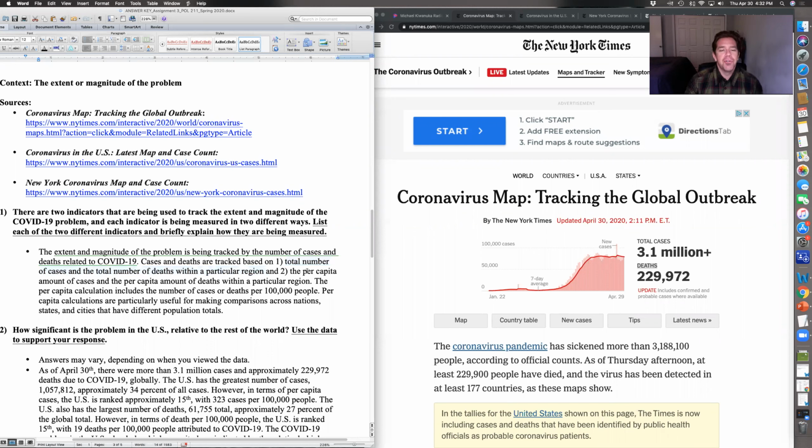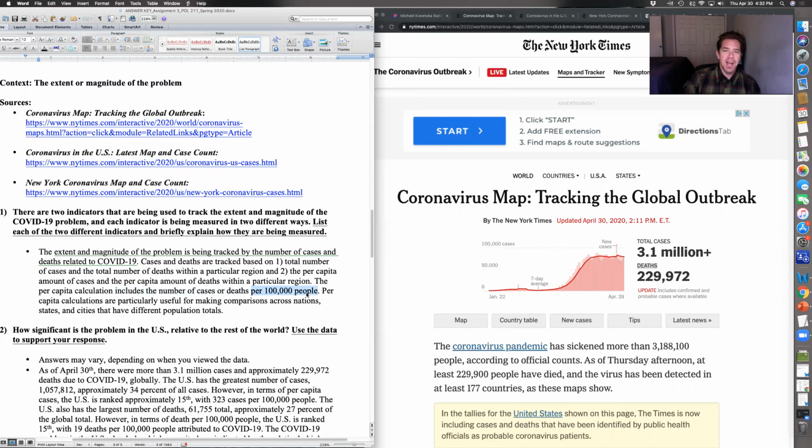What's also being tracked is the per capita amount of cases and deaths within a region. Per capita generally means per person, or per certain amount of people. Here, per capita calculations give the number of cases or deaths per 100,000 people.